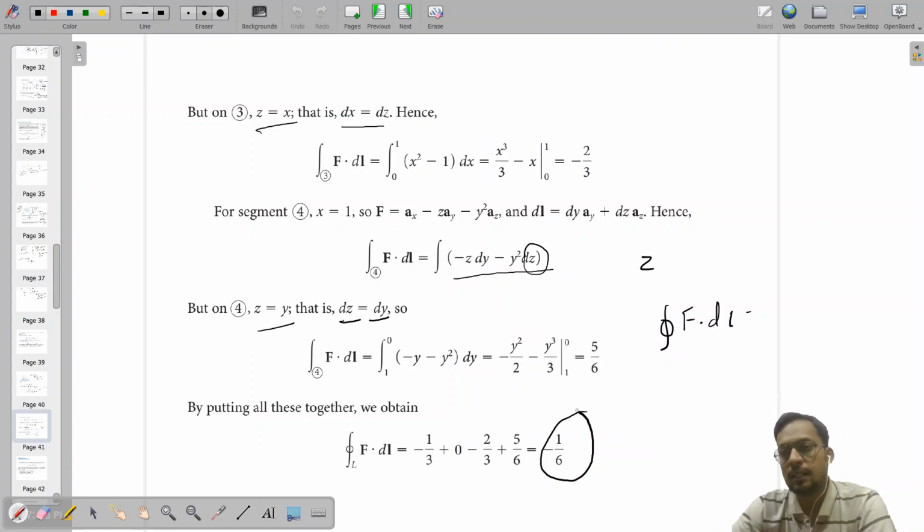In a similar manner, we can evaluate the line integral in cylindrical coordinates by using the differential length in cylindrical coordinates. We can evaluate the surface integral in the cylindrical coordinate system by using the differential surface we have discussed, and similarly, the volume integral can be evaluated by considering the differential volume defined in the cylindrical coordinate system.